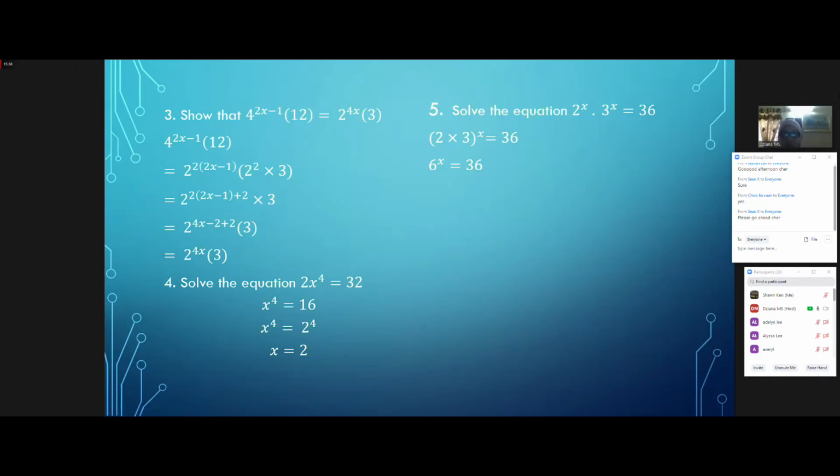Then 6 power of x equals 6 squared. So now the base is the same. You compare the power or the index. So x equals 2. So these are the examples of simple index equations. It doesn't involve log.